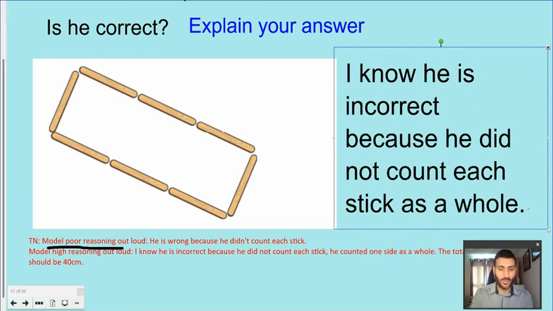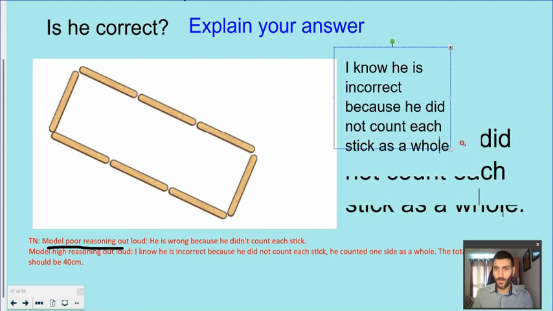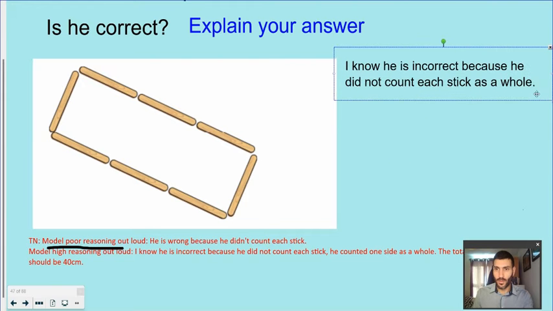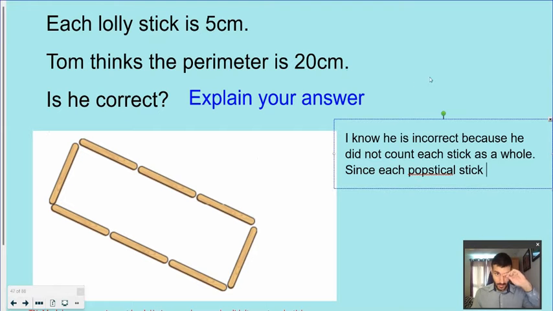I'm going to just shorten this. Make this smaller. Since each popsicle stick, sorry about the spelling, lolly stick. That's my Australian coming through.